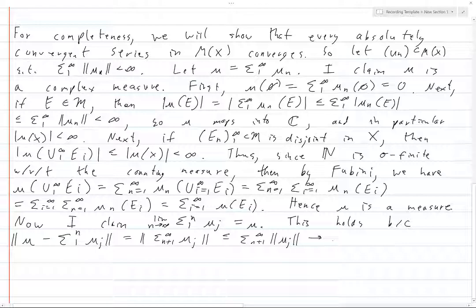And this goes to 0 as n goes to infinity, since the series converges absolutely. Now that I'm looking at this, there's nothing really special about this particular case I used here.